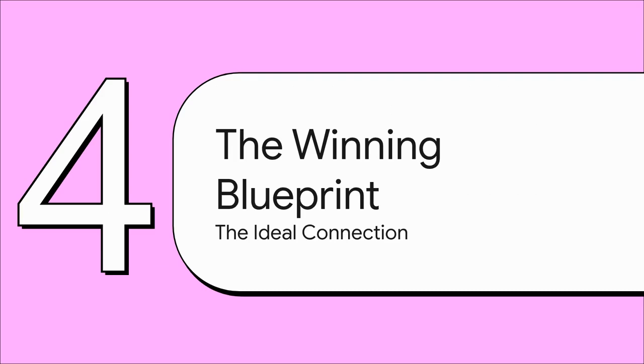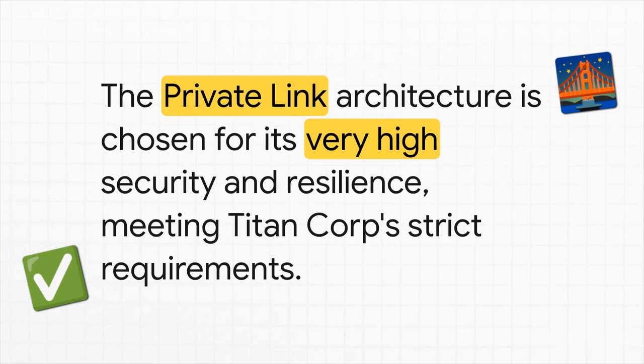The final decision really comes down to the specific, high-stakes needs of this one particular partnership. And they choose the private link. Why? Because it delivers that very high level of security and resilience that completely satisfies Titan Corp's super strict requirements. And at the same time, it gives Innovate Inc. a stable, reliable foundation to build this whole partnership on.